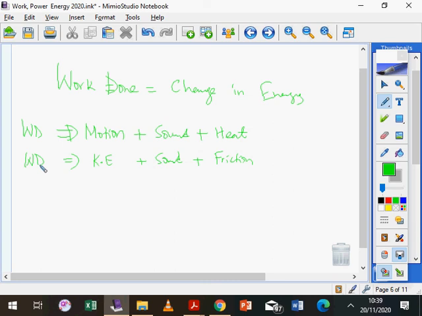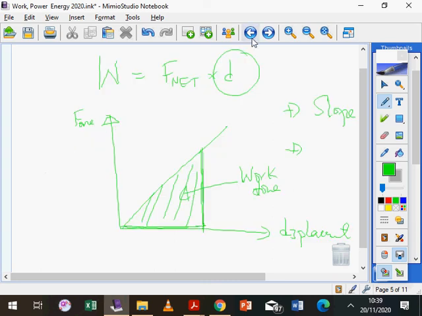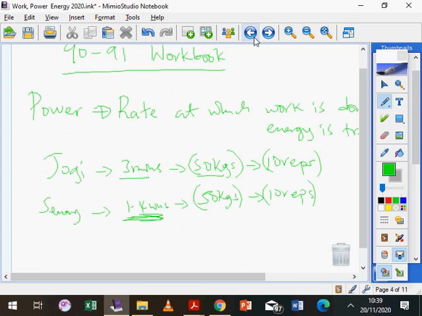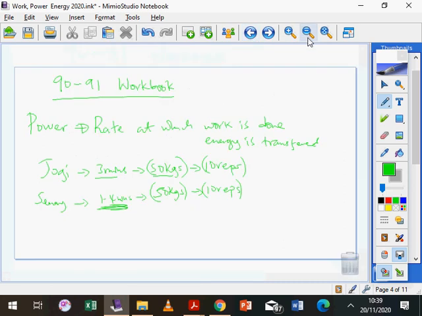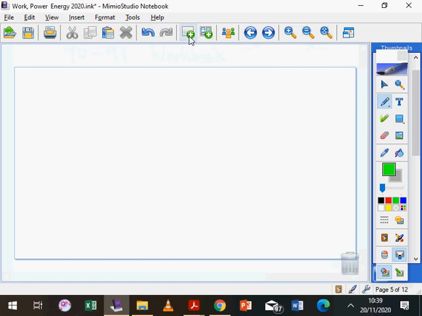When we talked about power as the rate at which energy is transferred, I'm going back because I didn't write the units. Power is work done, because it's a transfer of energy, divided by time. Since work is net force times displacement, power is F net times displacement divided by time.